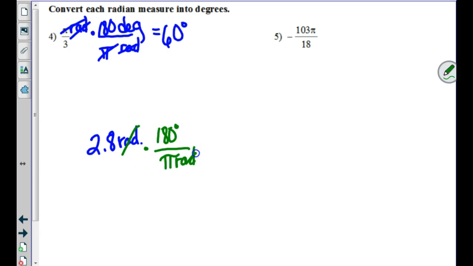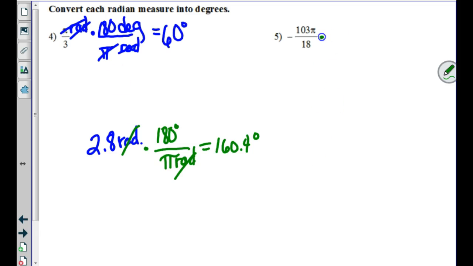And then you would just simply type 2.8 times 180 divided by pi, and you'd get like 160.4 degrees. But I'm just encouraging you to think about the dimensional analysis. Don't just think, well, because there was a pi on top, I need a pi on the bottom. Make sure you understand it.